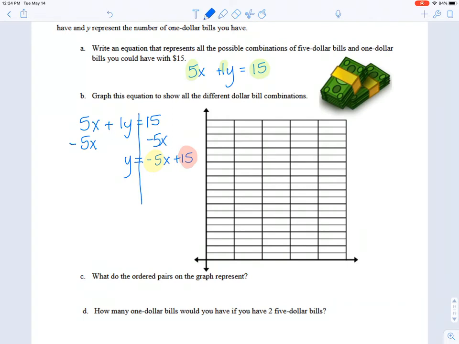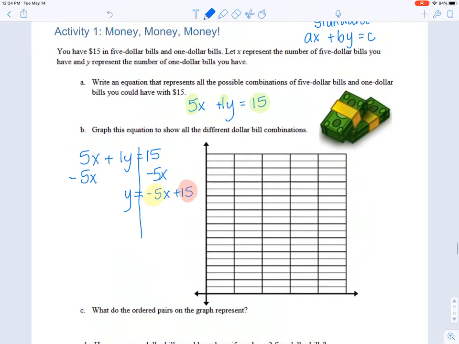So I'm going to go ahead and graph this. When we're graphing word problems, it's really, really helpful if we label our axis with what our variables actually are. In this case, x is the number of $5 bills I have. So I'm going to put $5 bills here, and y is equal to $1 bills. So I'm going to label $1 bills here.